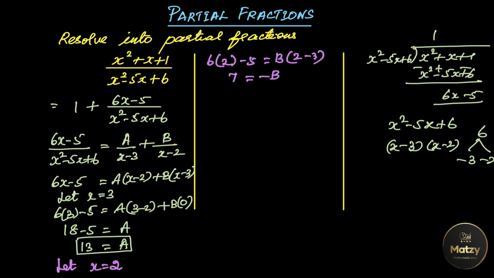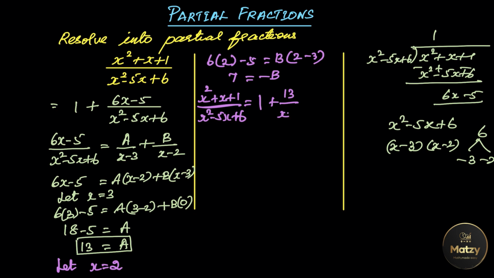Now the answer for (x² + x + 1)/(x² - 5x + 6) is equal to 1 + 13/(x - 3). A is 13, no?